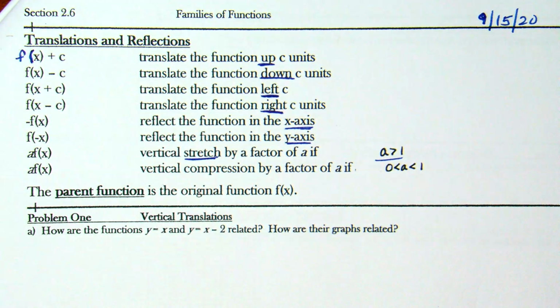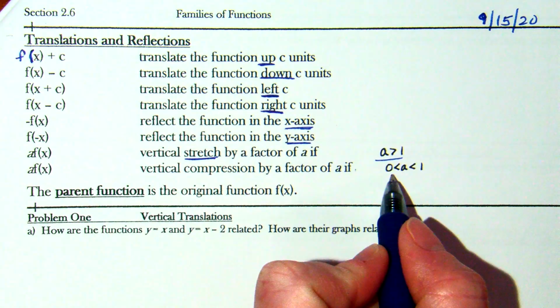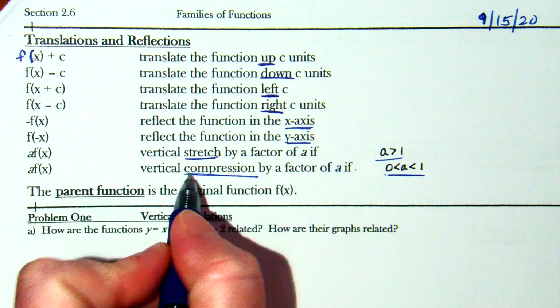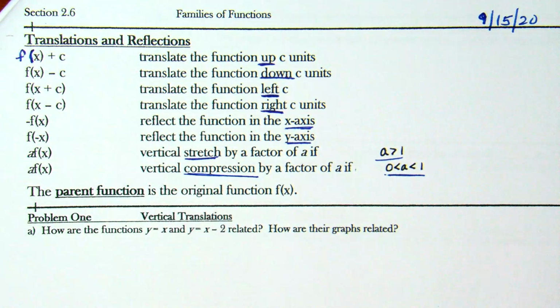If you multiply by a number that is smaller than 1, and of course these are both positives, then it's going to be a compression or maybe a shrink. So I guess I shouldn't just say smaller than 1, a number between 0 and 1. So those are like your decimals and fractions, right? Like multiplying by 1/2 or 0.3 or whatever the case is.